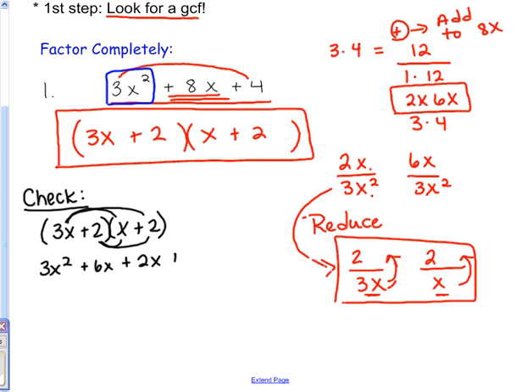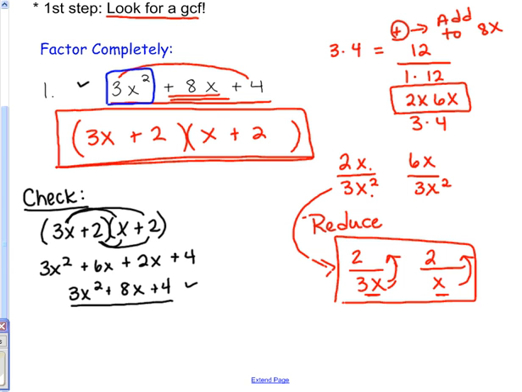And 2 times 2 is 4. Combine like terms. 3x squared plus 6x plus 2x would be 8x plus 4. And so that is the original polynomial that we started with. And so that checks out. It multiplies back to be that original problem. But my answer is 3x plus 2 times x plus 2.